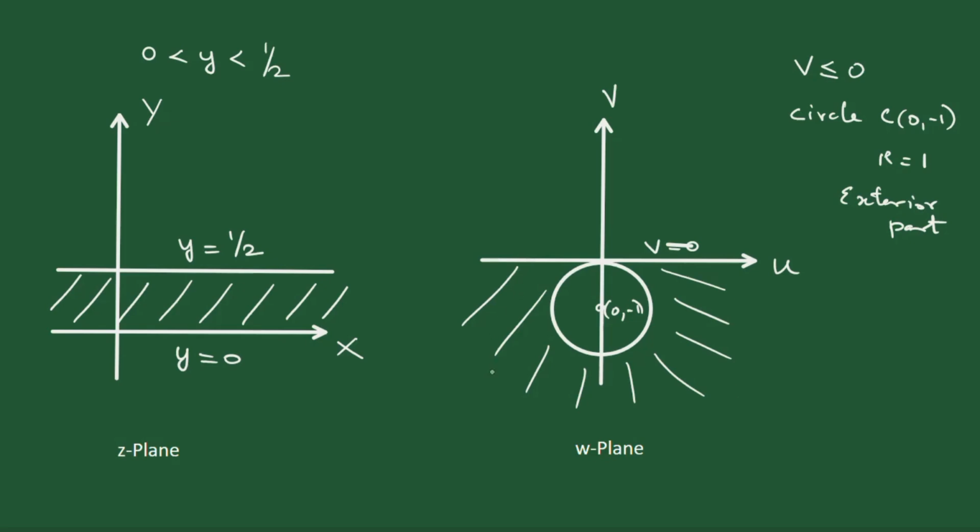And moreover, exterior part means we should not shade the region inside the circle. The region should be exterior, outside the circle. So this region is an unbounded region, and this is the image of the infinite strip represented in the Z plane. And this is the conformal mapping. Using conformal mapping for the transformation W is equal to 1 by Z, the infinite strip has been transformed into an unbounded region like this in the W plane.